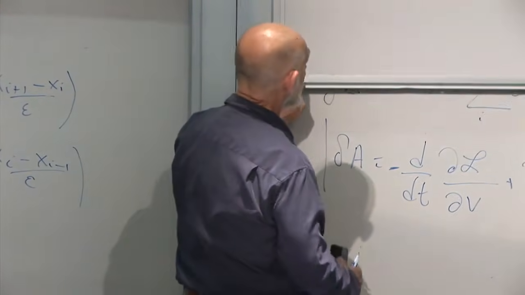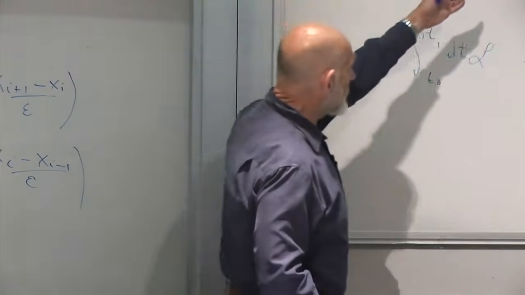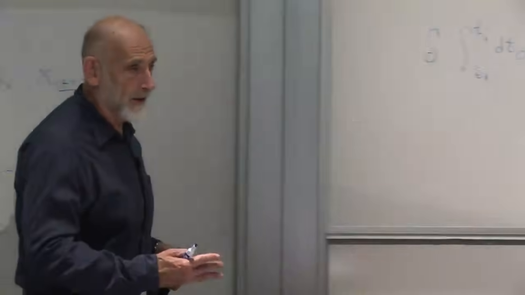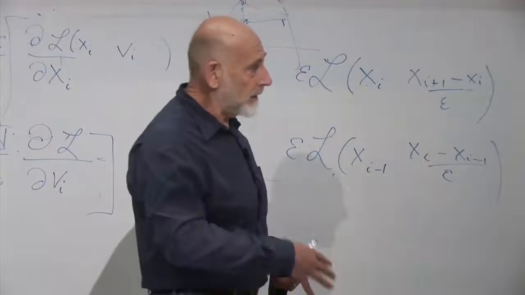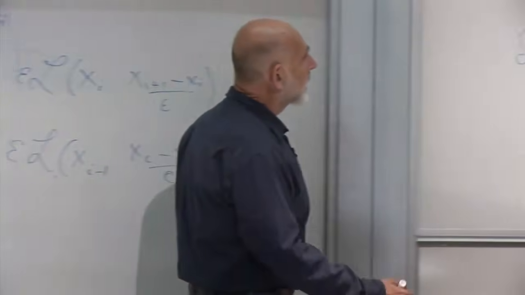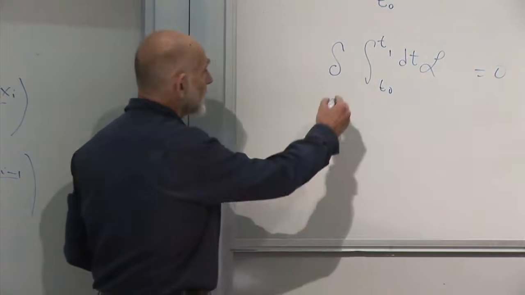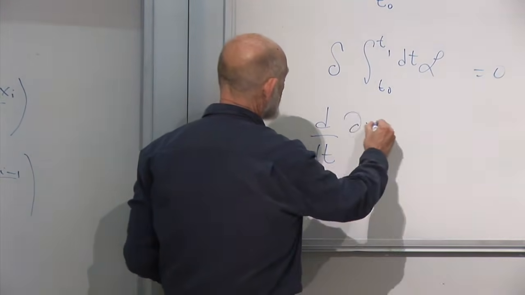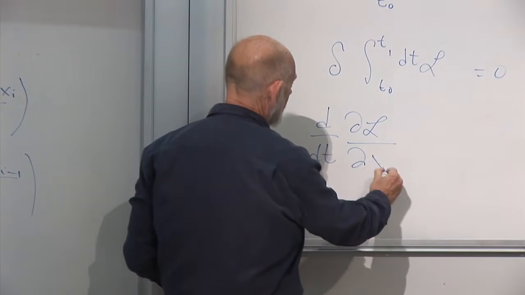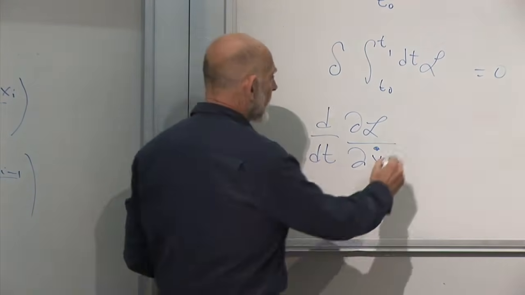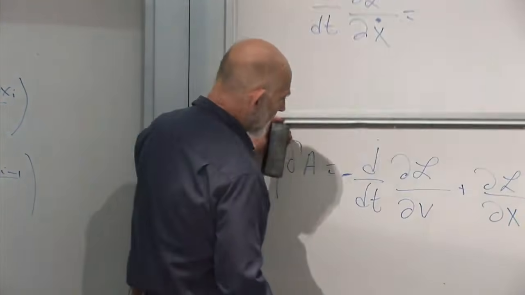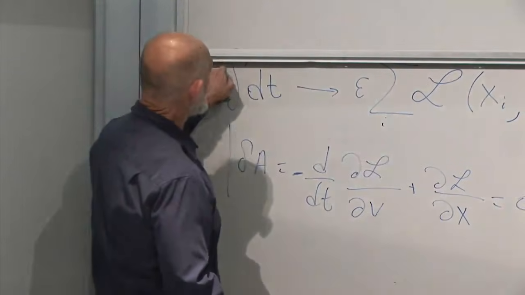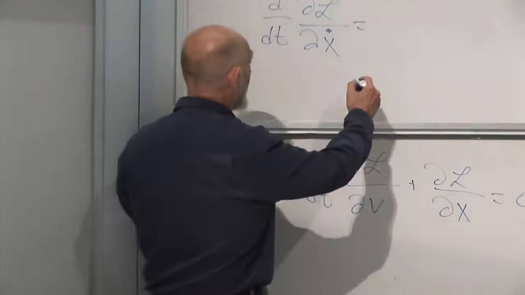Let's write them down here. If anybody gives you a Lagrangian, you simply spit out the answer. It's a machine. Given a Lagrangian, the machine spits out an answer, and the answer is simply a differential equation: d by dt of partial of L with respect to, let's call it x dot, is equal, this one came with a minus sign, this one came with a plus sign, so it's just equal to partial of L with respect to x.